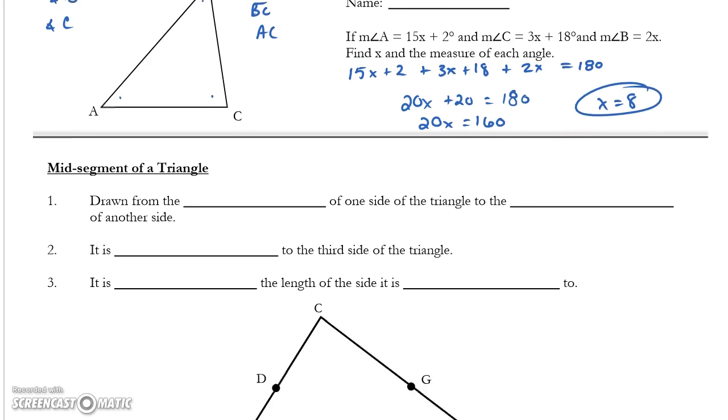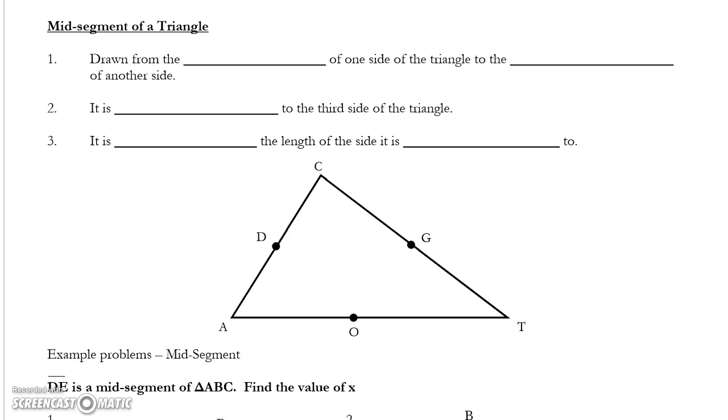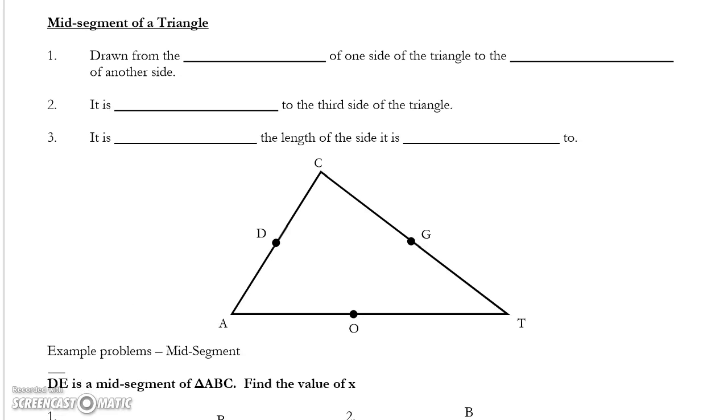The first special segment that we're going to learn about in a triangle is called the midsegment. Midsegment has some very important properties. First, it's drawn from the midpoint of one side of my triangle to the midpoint of another side.